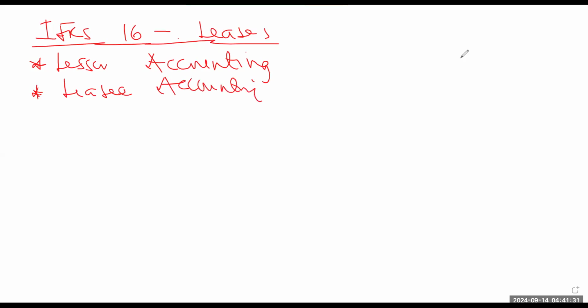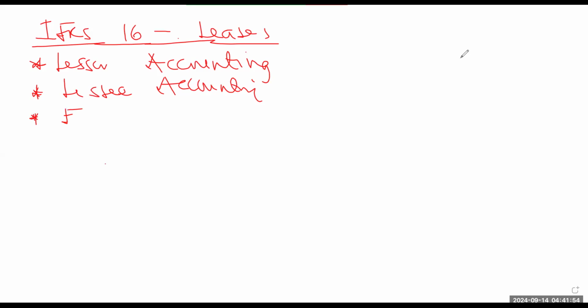So the person to whom the right to use the asset has been transferred, how is he or she going to account for that particular one also? So we'll be looking at the lessee accounting also.